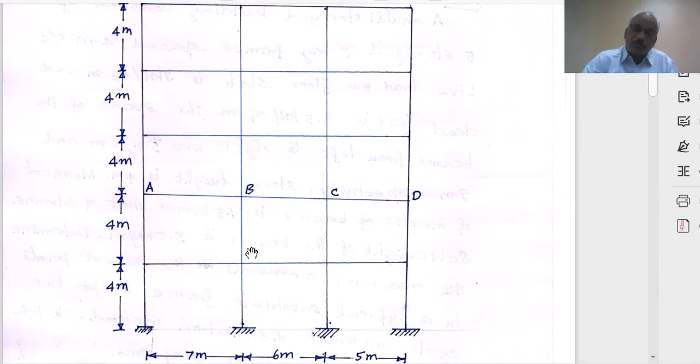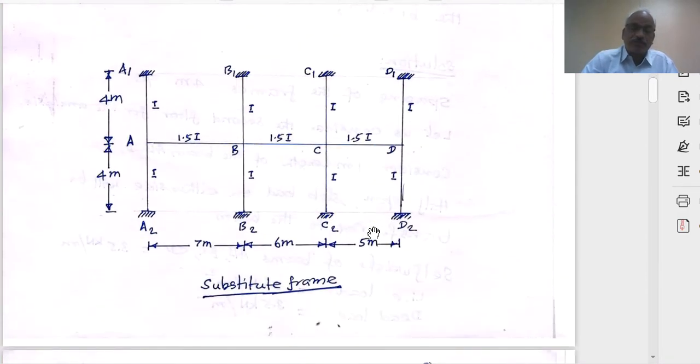Also, before proceeding further, I have to show what a substitute frame is. Let us say that we are going to analyze the frame ABCD. This is the substitute frame, ABCD, with columns above 4 meters and columns below 4 meters. We generally treat the far ends as fixed.